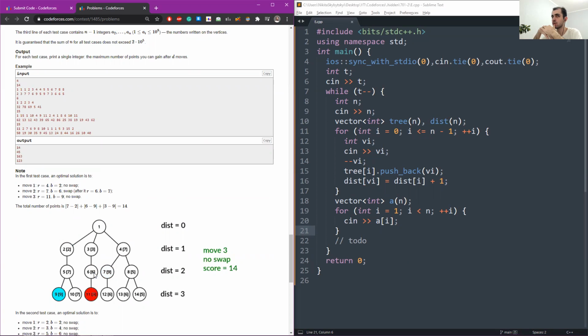But what are the transitions? Obviously you can move the red coin to the parent, right? And you can move the blue coin anywhere. But moving to the parent is not always effective. How can you move the red coin not to the parent? You can move the red coin not to the parent if you move it up and then swap. You swap with the blue coin.